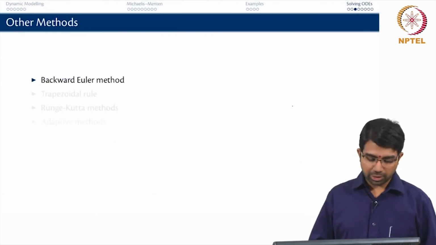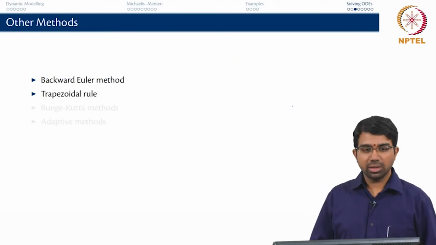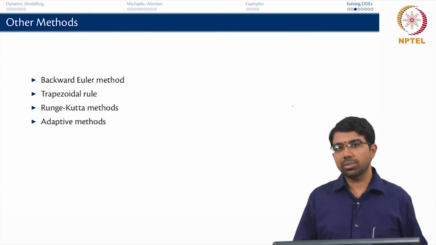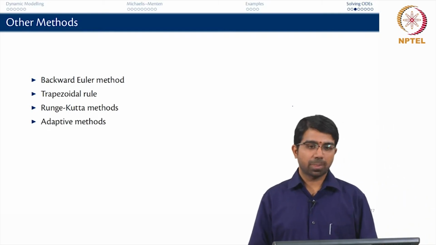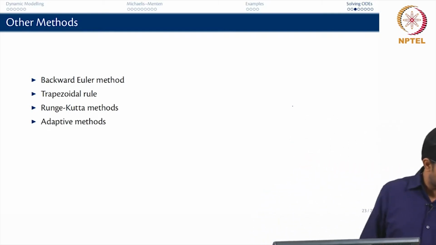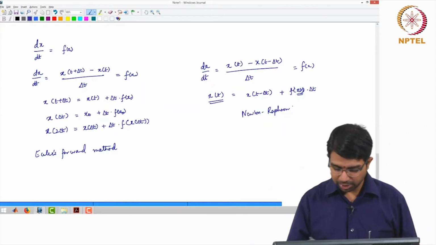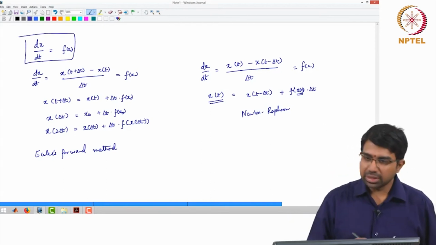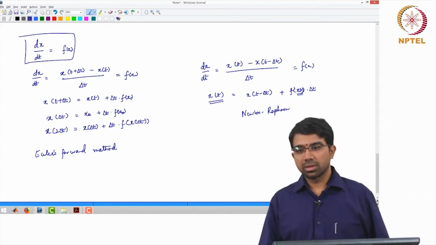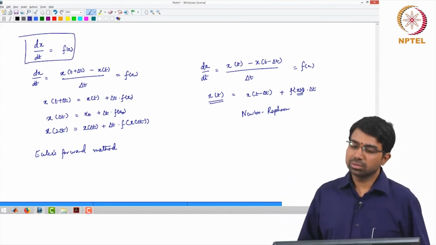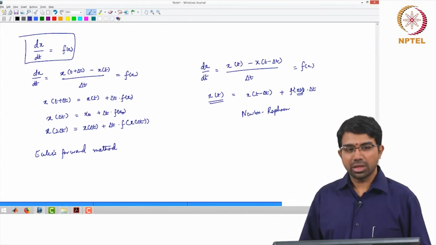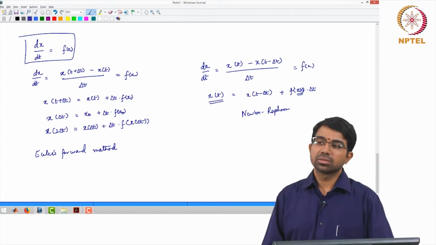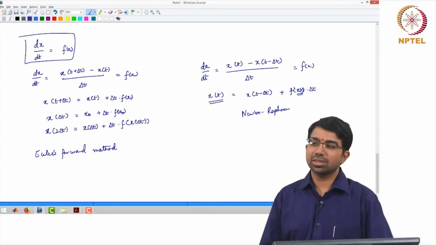So, that is the backward Euler method. There is the trapezoidal rule, there are Runge-Kutta methods and there are adaptive methods. There are many methods to solve ODEs, but essentially all of these methods use a particular logic. You have dx by dt is f of x, right, and what do you want to find out? X of t. In other words, what do you have and what is it that you want to reconstruct?